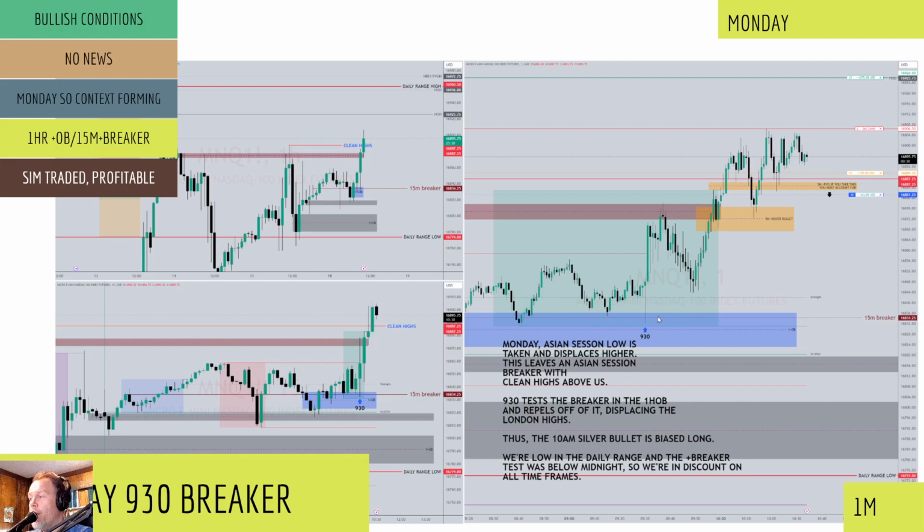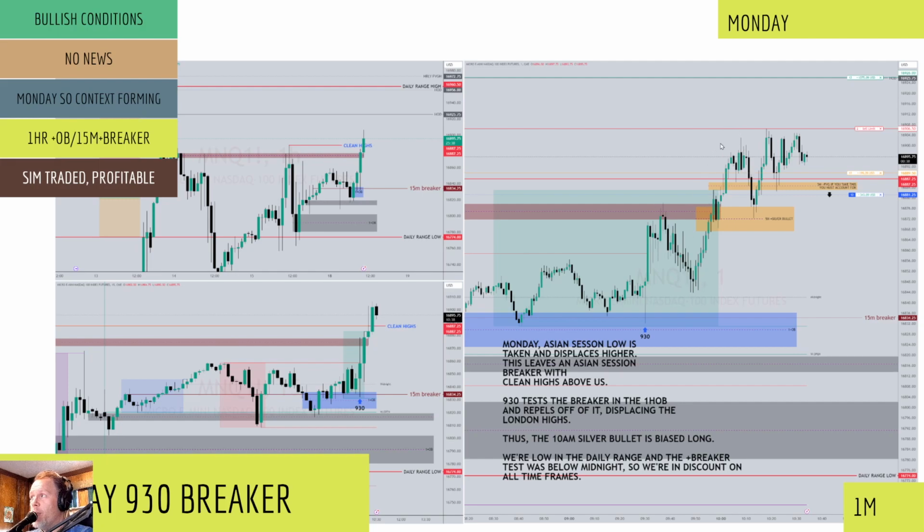So in this case, you would have put a limit order here, and then the only way back into this is to trade additional pushes back into low time frame order blocks and breakers when it comes back, and it comes back at 9:45, 9:50, and then you run the macro up higher, up through buy side.